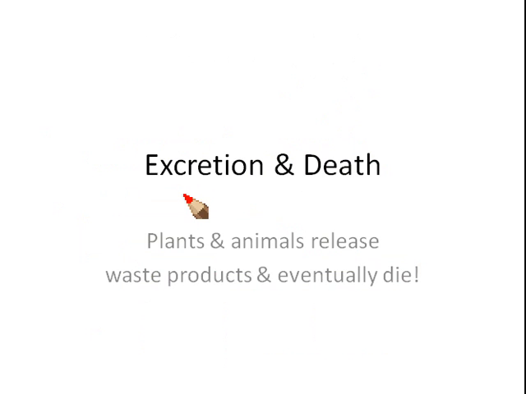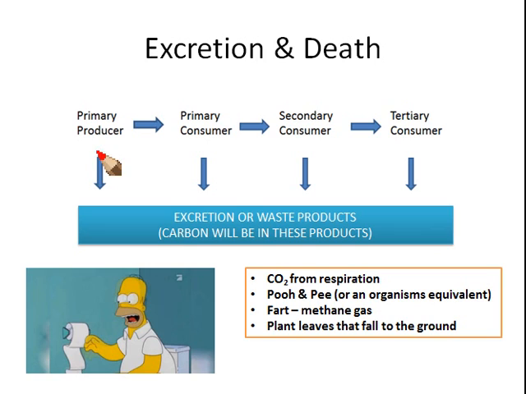So now we're cheerfully moving on to think about excretion and death. Basically, all organisms, plants and animals, will release waste products, and they'll all eventually die. All organisms in our food chain will produce waste products as part of the life processes.